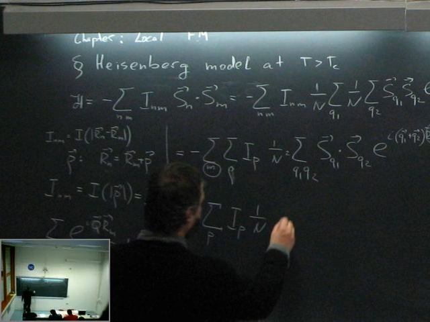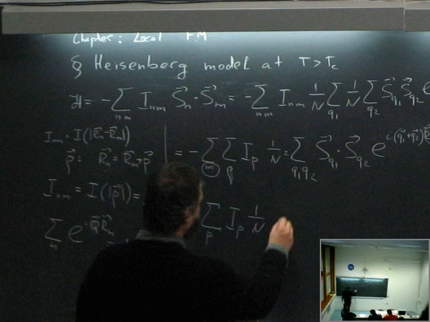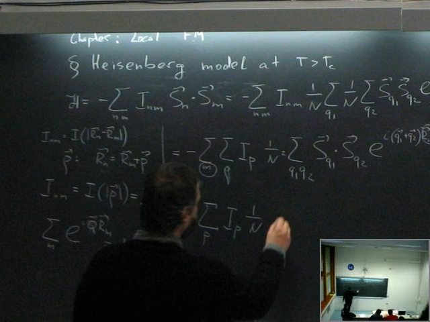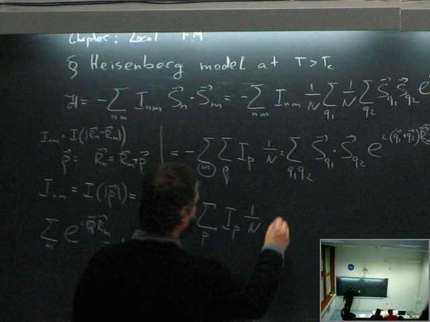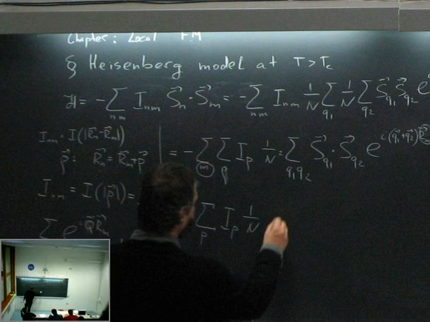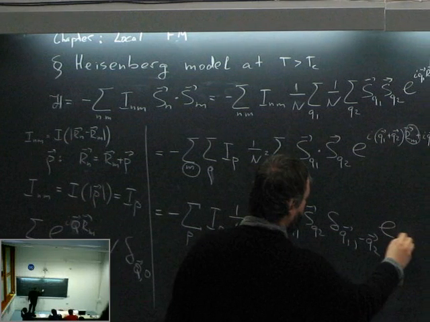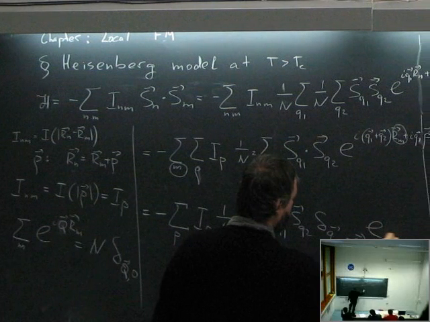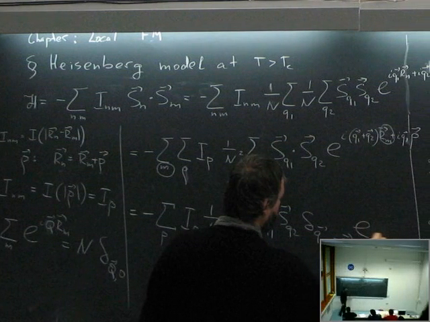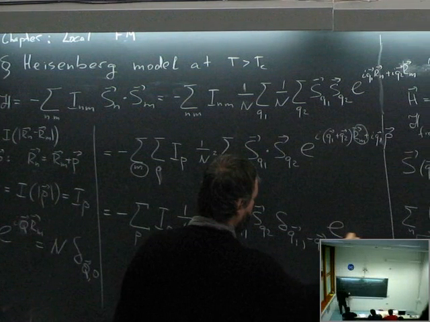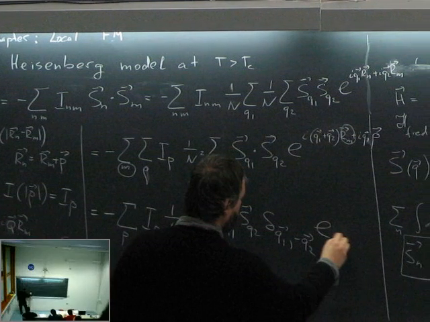We have the sum over q1, q2, S_q1 dot S_q2, delta function q1 minus q2, and then the exponent i q1 rho. So what remains is minus the sum over q.